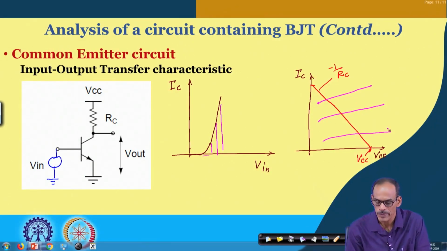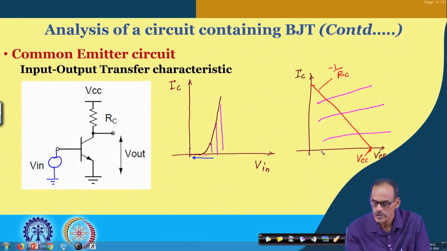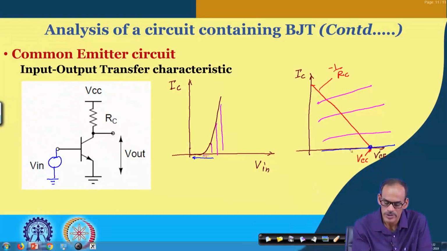But then if I vary this input over a wider range, the corresponding output voltage may get stuck at Vcc, particularly if Vin is less than this point, which you may call the cut-in voltage or VBE on.